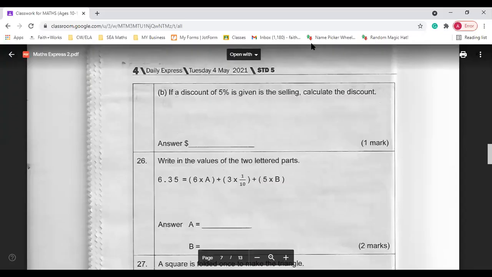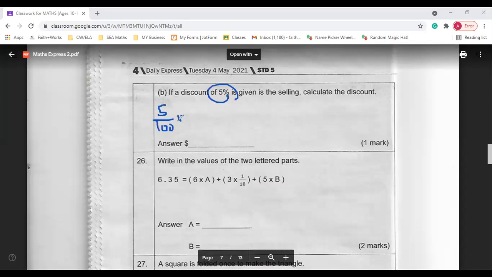All right, so let's look at part B of the question. Part B states, if a discount of 5% is given to the selling price, calculate the discount. Aha, so now we have to find the discount. So 5%, written as a fraction, is 5 over 100.